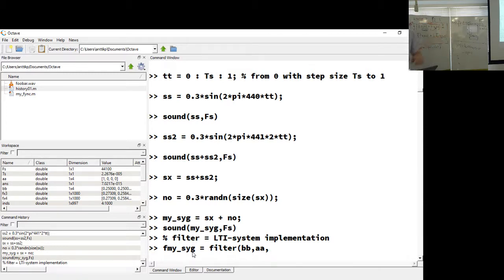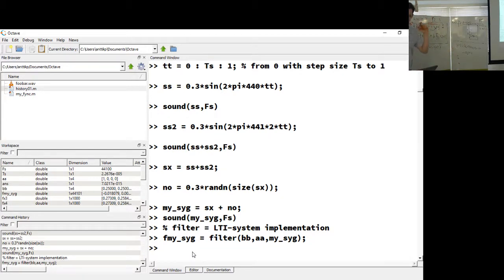So then my sig. There. So this is the signal after my filter. And now I can compare the sounds.